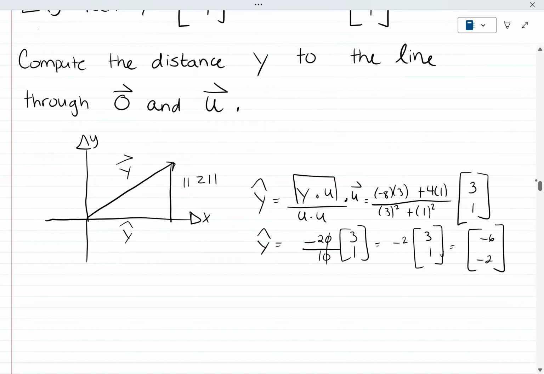So we need that to find z, because we're trying to find the distance, this part, the magnitude of z. So z is equal to y minus y hat, which is vector y, given as -8 and 4, minus y hat, which we just found, -6 and -2.